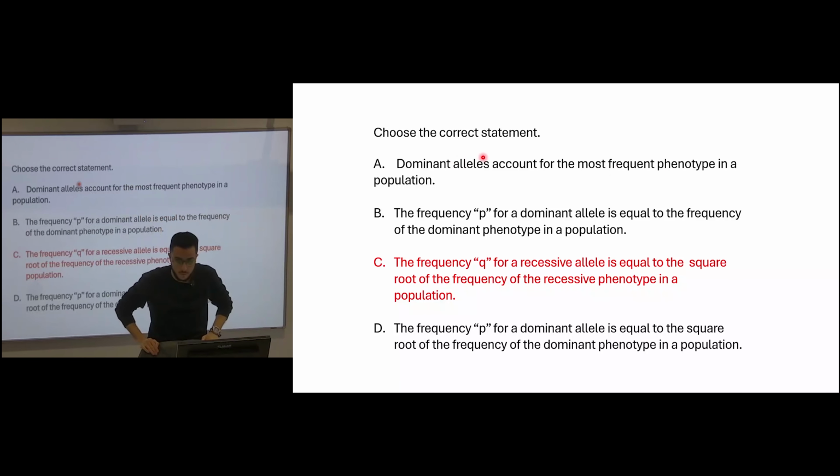Okay. Isabella, yes? I don't understand why D is wrong, but C is right, because it's the same wording, except one says Q and one says P. Yep. So the frequency of the recessive allele is equal to the square root of the frequency of the recessive phenotype. So the recessive phenotype is what?